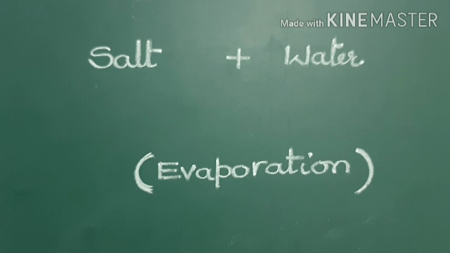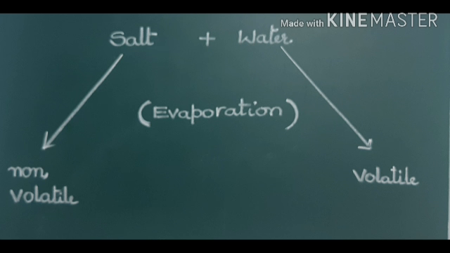Once again I am going to remind you of the separating process, that is the evaporation process. In this evaporation process I have taken the mixture of salt and water. Water is a volatile component and salt is a non-volatile component. So here the volatile component can be separated from salt, which is non-volatile, by using the technique of evaporation.